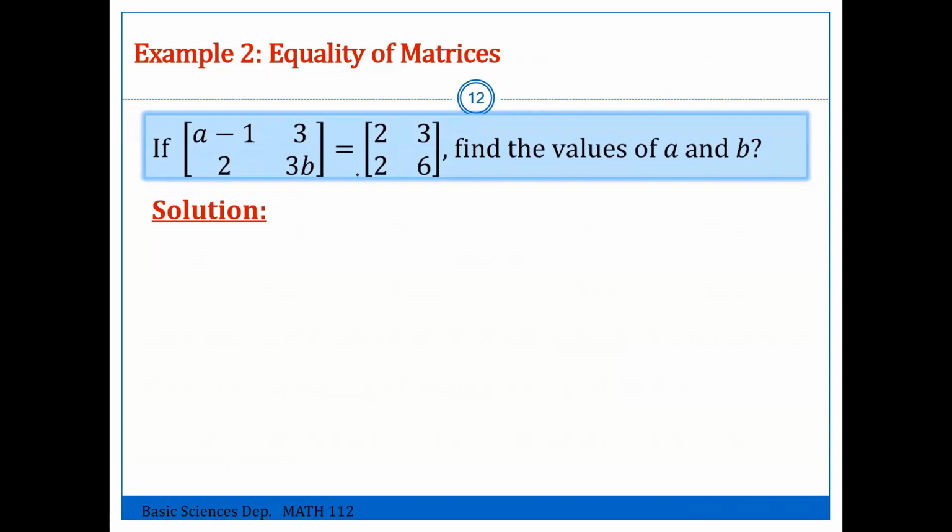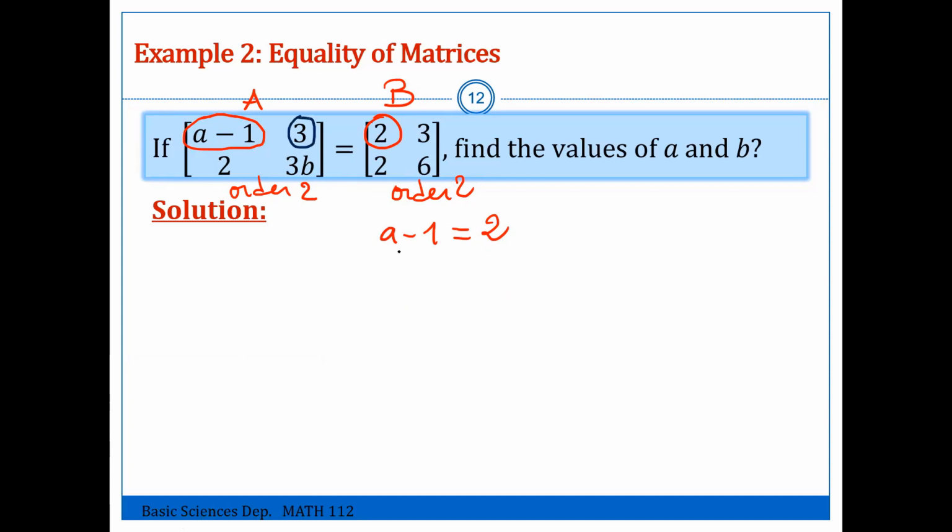Here we have two matrices. Let's say this is A, this is B. What is the order of A? 2. So this is of order 2. What is the order of B? It's also order 2. So they have the same order. Then this element, -1, must equal this element.